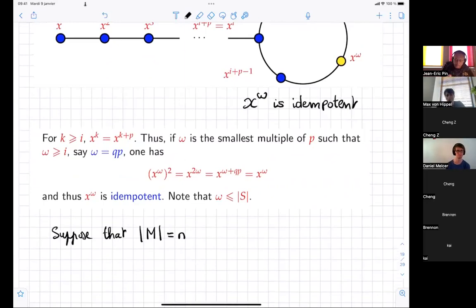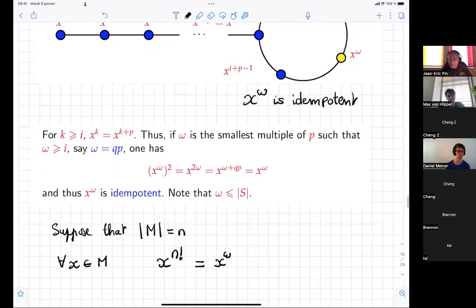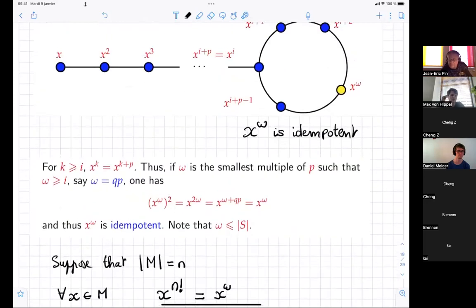Then I claim that for all x in the monoid, x to the power n factorial will be an idempotent. Why? Because you know that some powers will be in the circle over there, and the circle is a group.